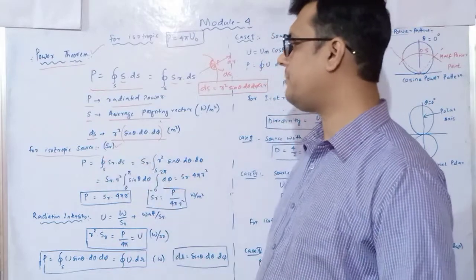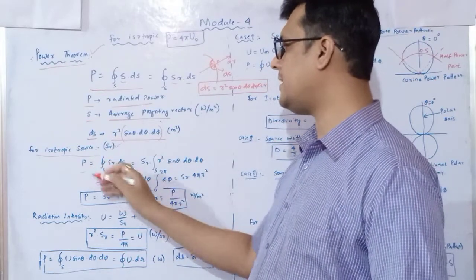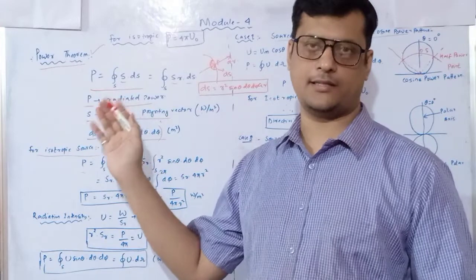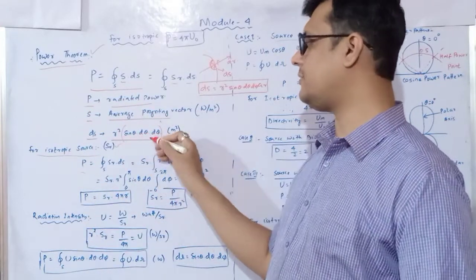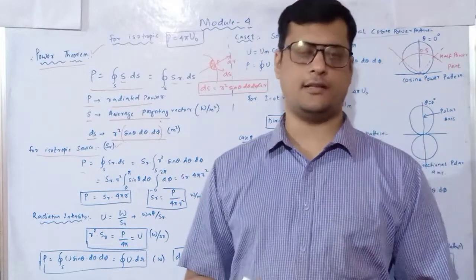So for an isotropic source S_R, P is equal to how much? The surface integration of S_R into ds. In place of ds, substitute r square sine theta d theta d phi.